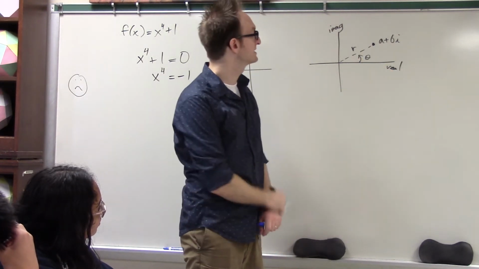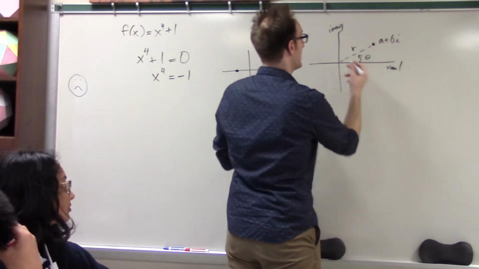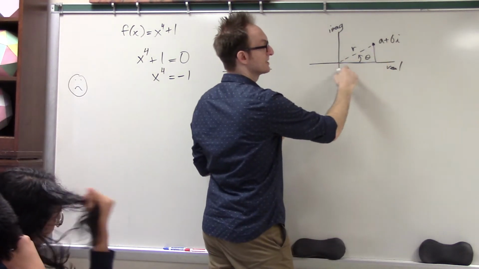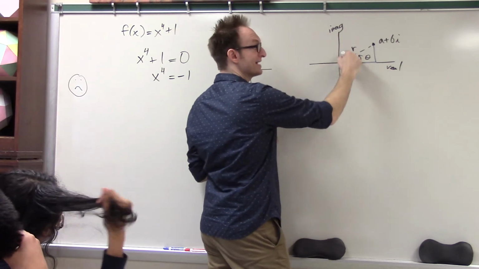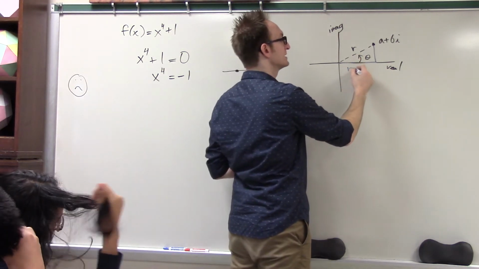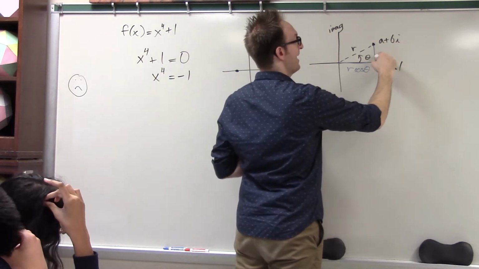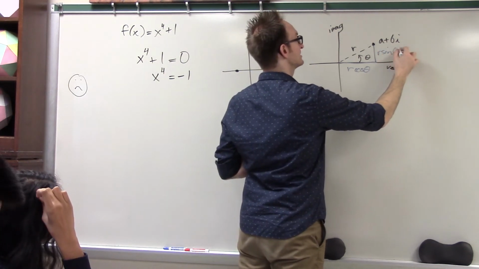What you guys did last year is you said, if that's r and that's theta, then the real component is r cosine theta, and the imaginary component is r sine theta. Is this coming back to you guys at all?